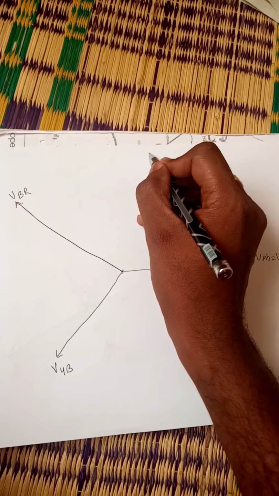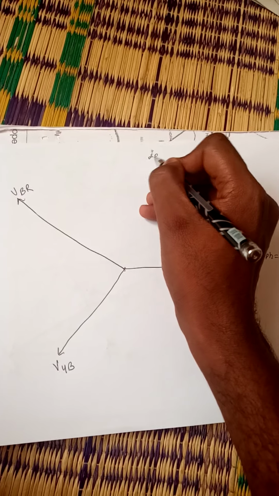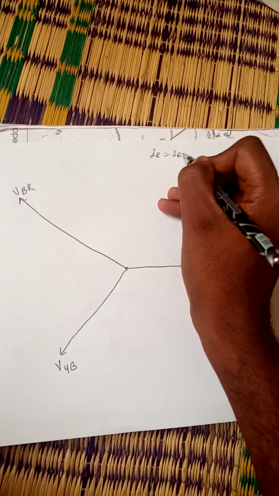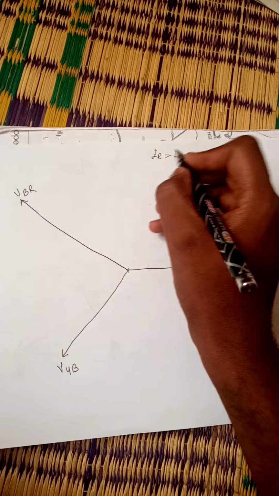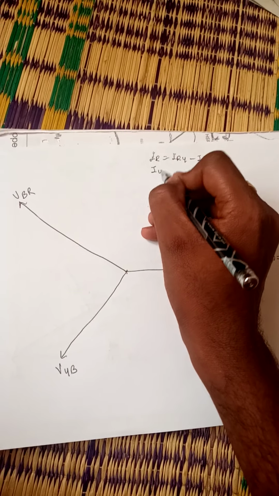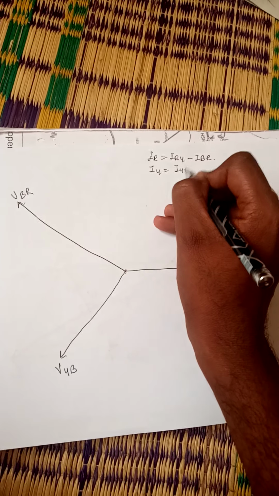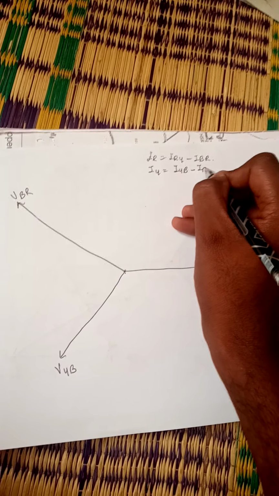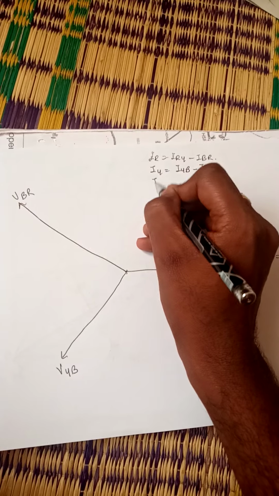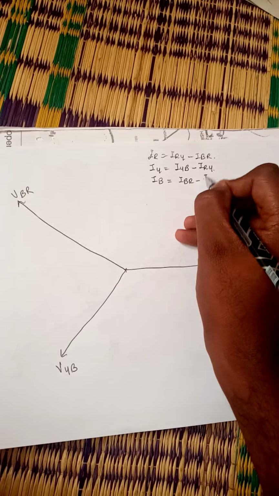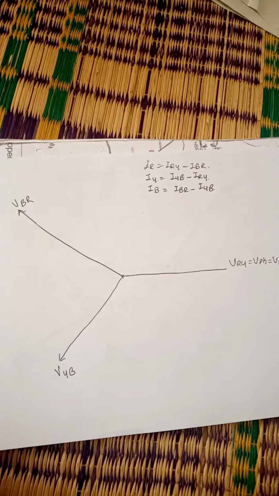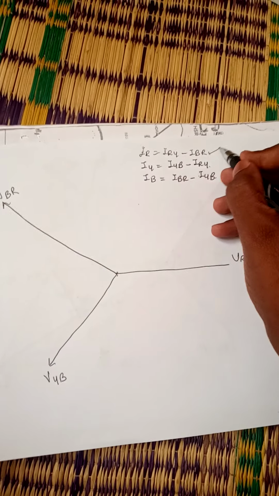We know the relations that IR is equal to IRY minus IBR, the second relation IY is equal to IYB minus IRY, and the third one is IB is equal to IBR minus IYB. So first I will take the first relation.